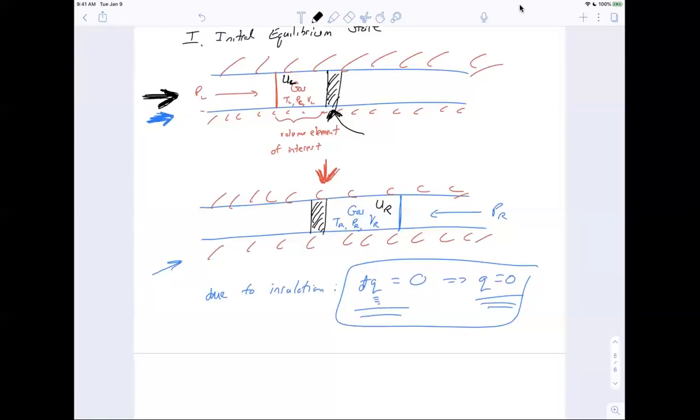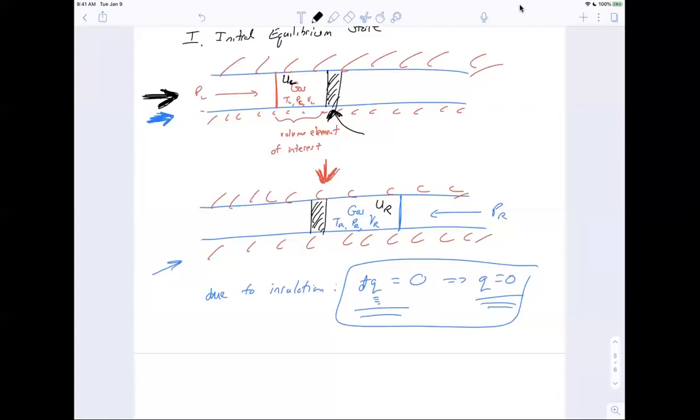Now, because the insulation is present, we all concluded at the end of last class that there is no heat interaction between the system, which is our gas, and the environment. So in differential form, dq is 0. Whatever this process is, we don't have a subscript for the q yet, but we will see in a moment what it is.